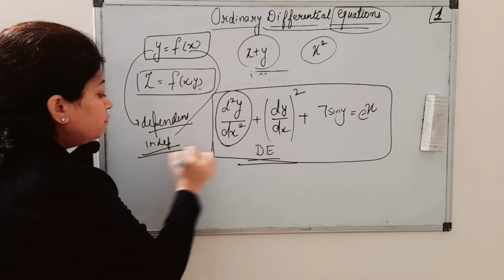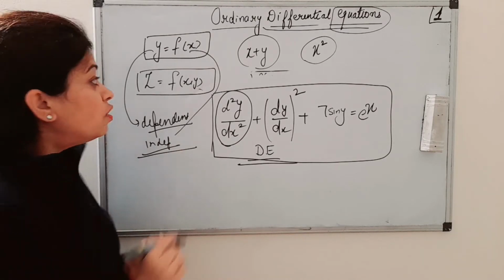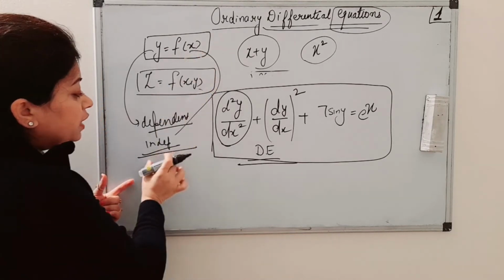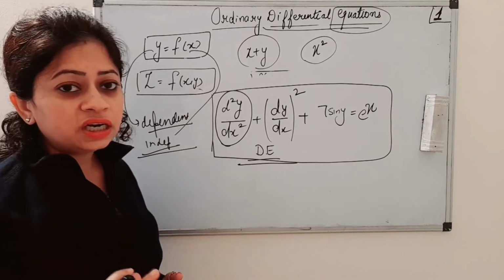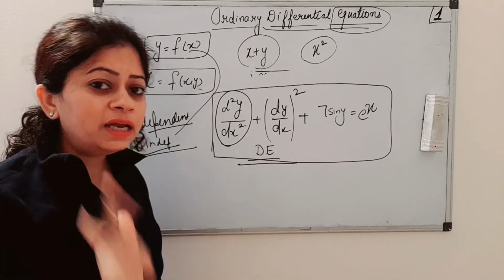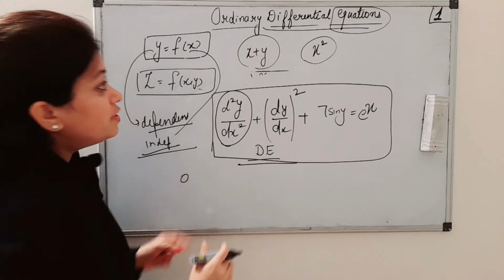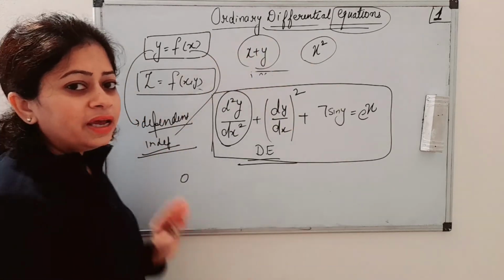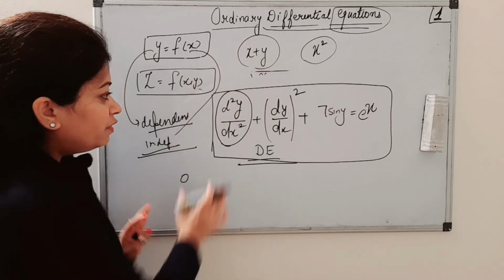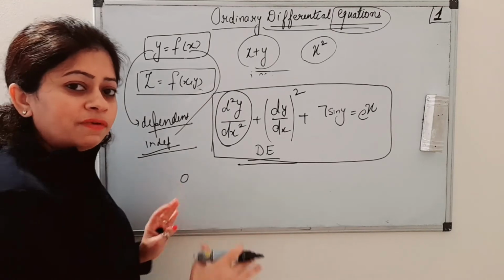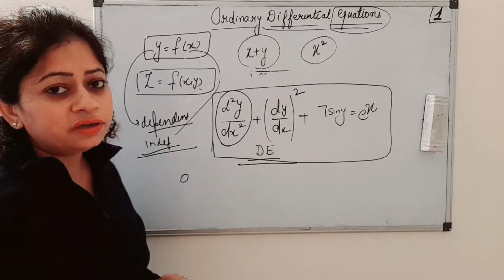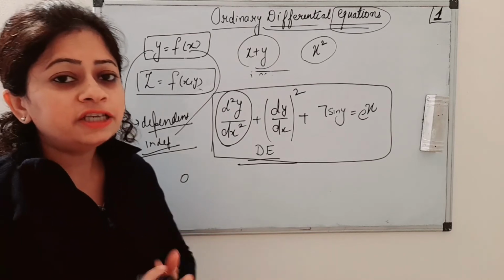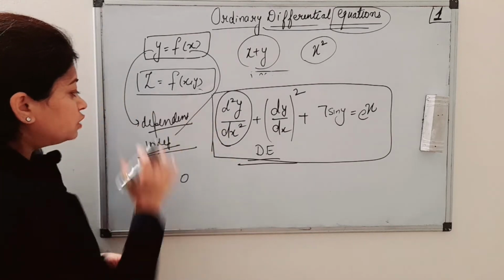That means we have only one independent variable in the equation. I will represent all this with a diagram, and I will write the equation and the definition as well. So let's see this first.